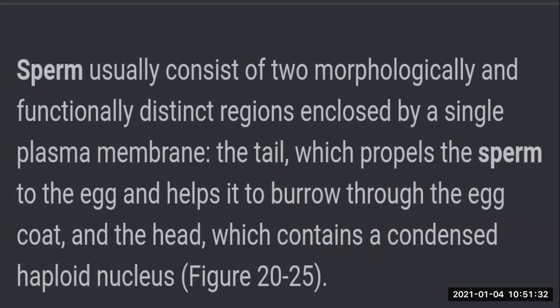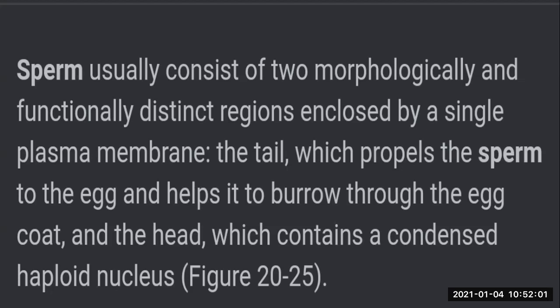The tail, which propels the sperm to the egg and helps it to burrow through the egg coat. We will see how it will burrow and penetrate the egg coat. Egg coat means the outer membranes or coverings which the ovum has. And the head part of this sperm contains a condensed haploid nucleus. Haploid nucleus, just remember this.